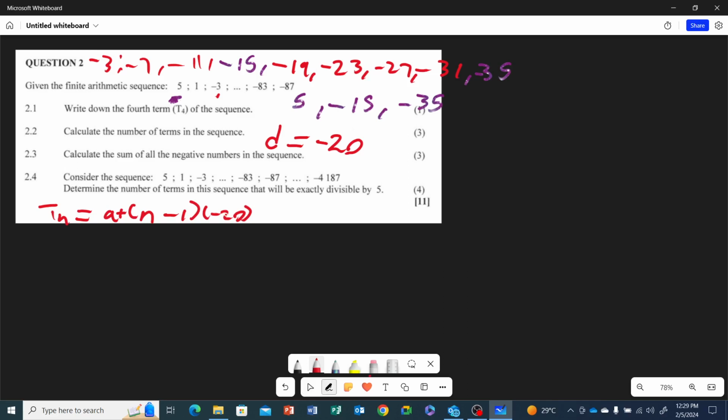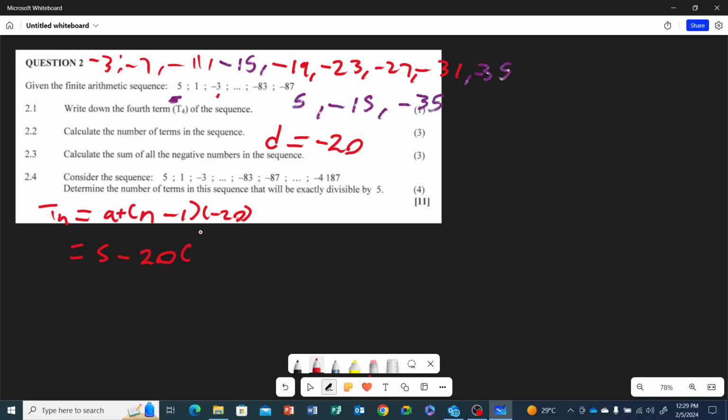I'd advise you, when the difference is negative, put it in front of this bracket. So let us simplify it. Your A is positive 5 minus the difference of 20 into n minus 1.